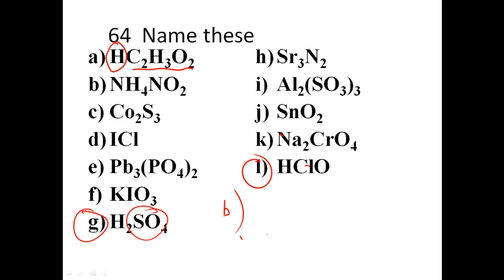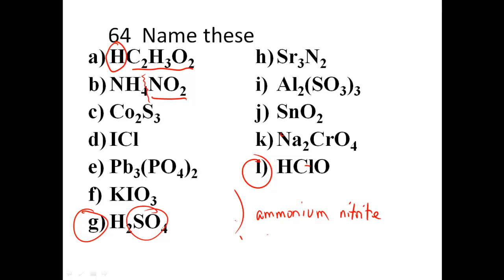Well, notice this is not a binary compound, so we're not going to worry about prefixes. You'll also notice right here a separation between the cation and the anion. The cation is ammonium. What's the anion here? Don't miss that. It is nitrite. Nitrate is NO3. Make sure you get that right.